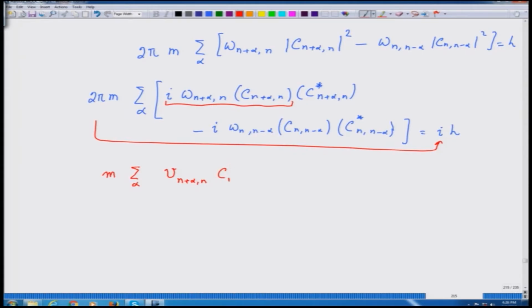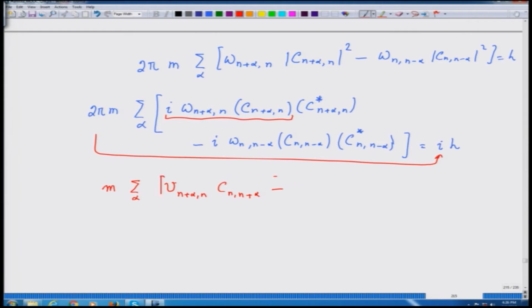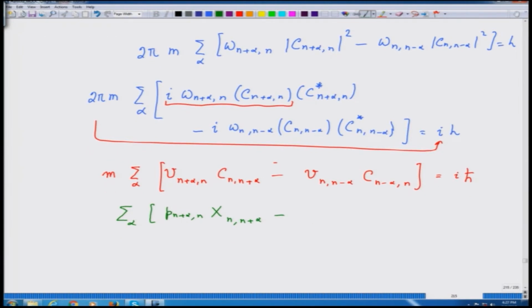So, I am going to write it as C_{n,n+α}, minus the same thing, I get V_{n,n-α}C_{n-α,n}, is equal to iħ. m multiplied by the velocity is nothing but the momentum, and therefore, I can write this as summation over α of p_{n,n+α}x_{n+α,n} minus p_{n,n-α}x_{n-α,n} equals iħ.